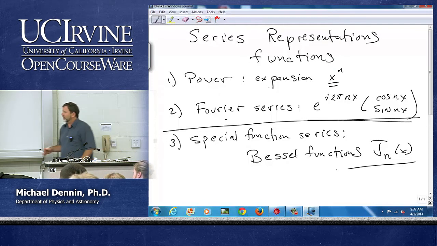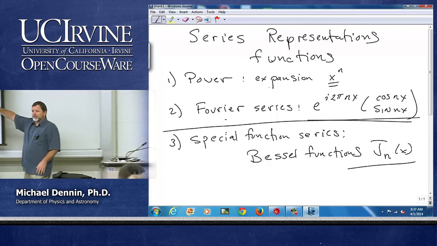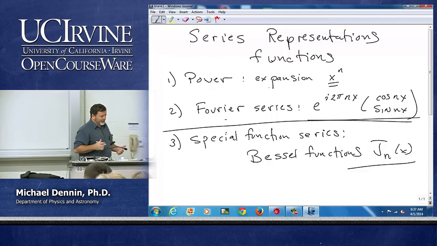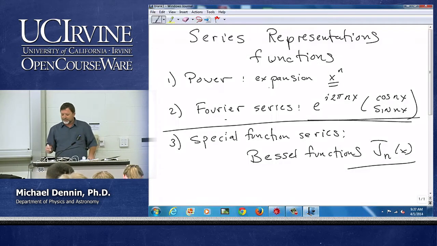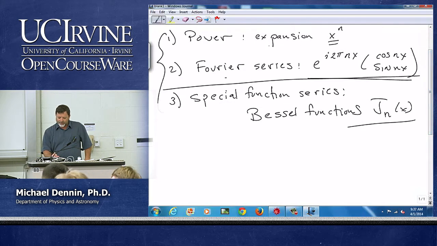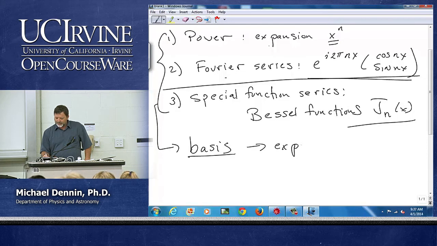And they can also be things that you can expand a function in. And I think one way to help think about this, right, all three of these are examples of a basis that you use to expand a function.